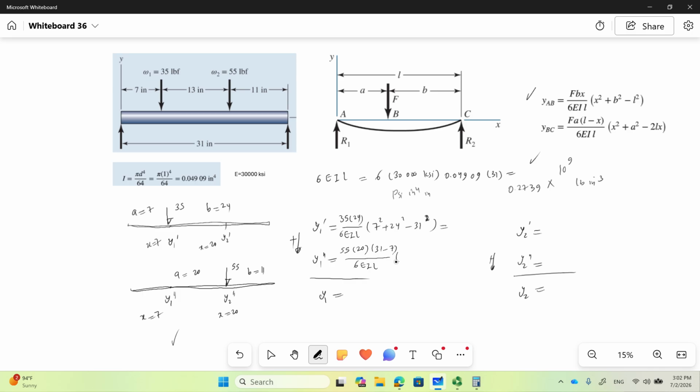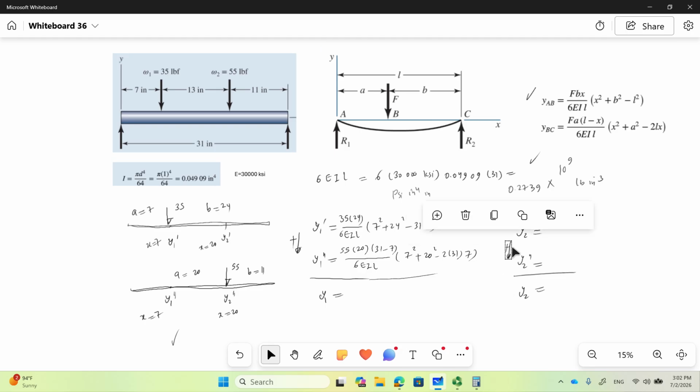And then you have X. X is what? 7 squared plus A, 20 squared, minus 2 times 31 times X, again 7. Alright, so we gotta calculate these two guys and add them to each other.